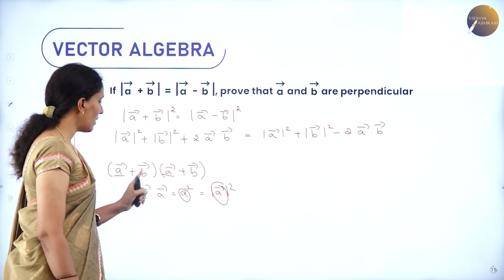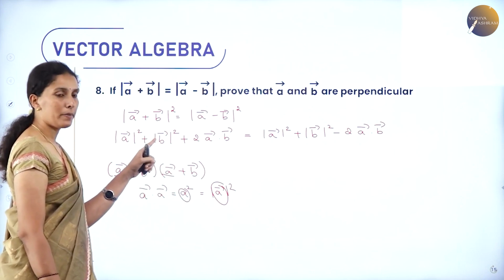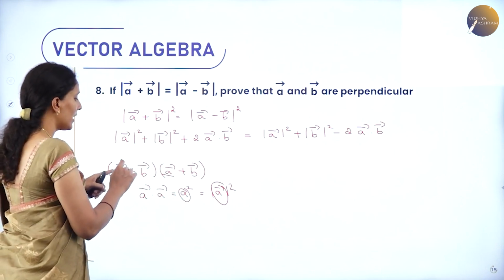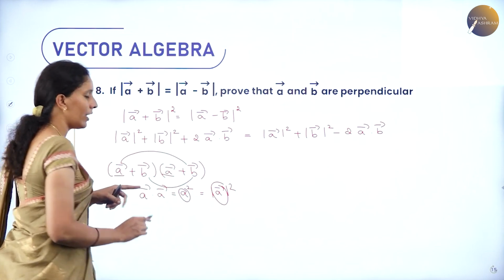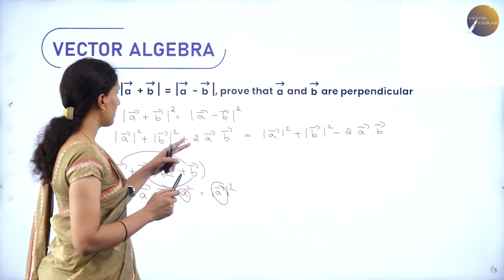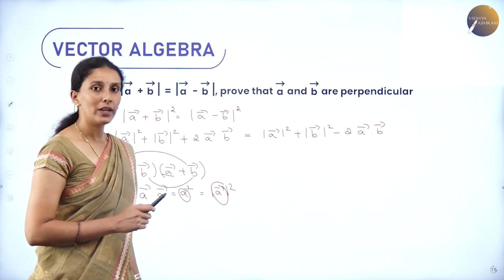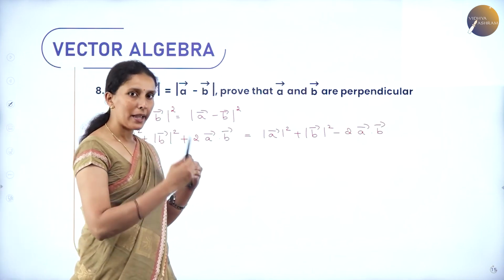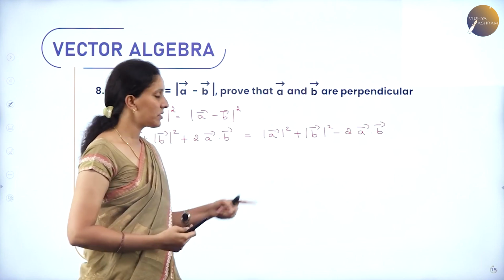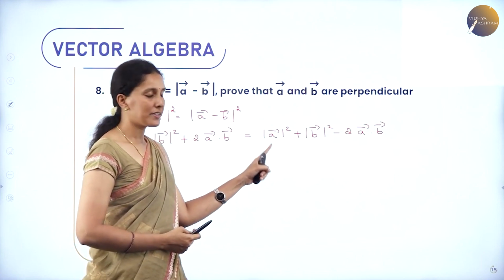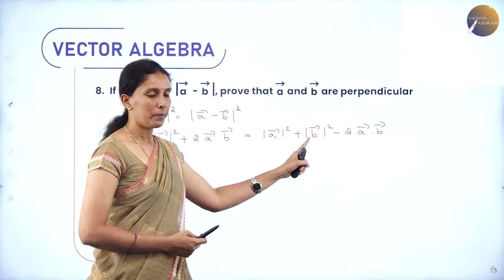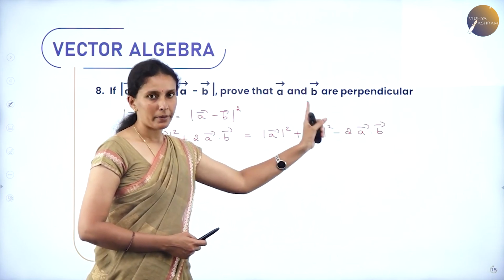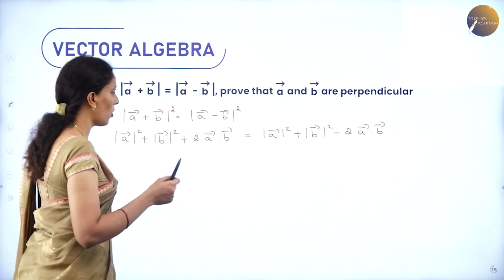That is why B dot B I have taken as mod B square. Now coming towards A dot B and B dot A, since they are one and the same, I can write 2 times A dot B. So here also multiplying A minus B 2 times, A dot A becomes mod A square, B dot B becomes mod B square, and the cross terms become minus 2 times A dot B.